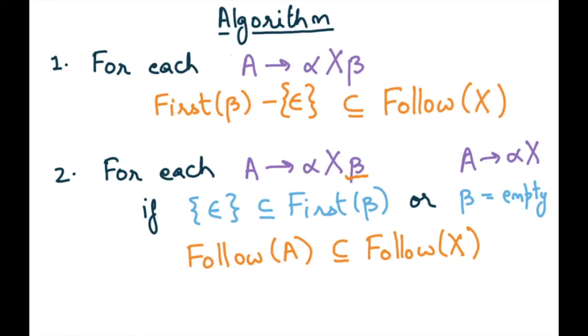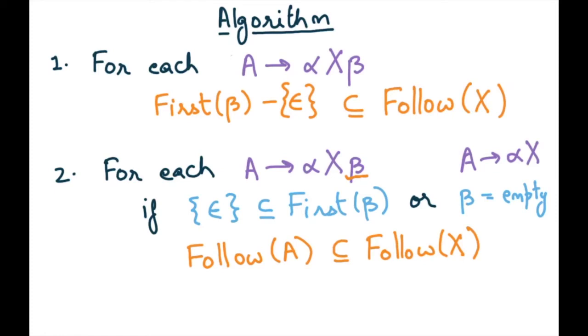Either there was no beta or beta can reduce to epsilon, in which case anything that follows A can also follow X, because I can always derive alpha X from A. And once I do that, then anything that was following A is now also following X.